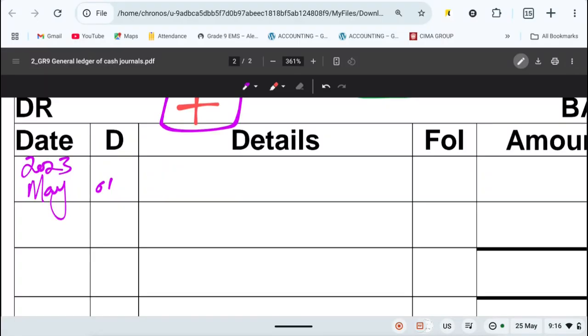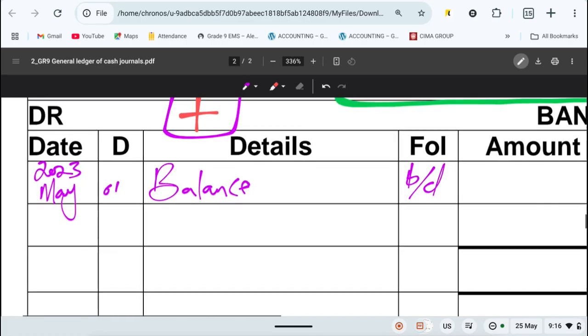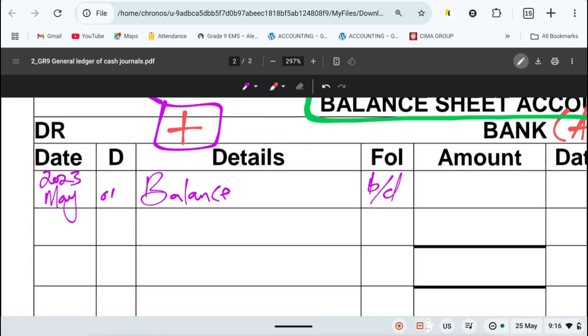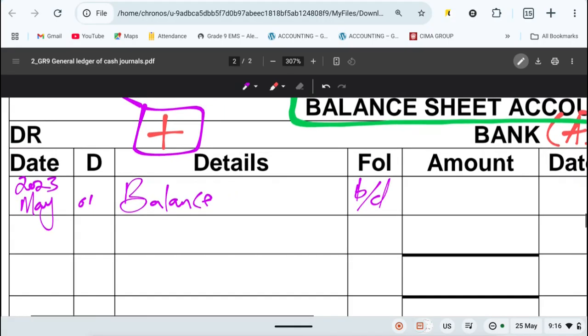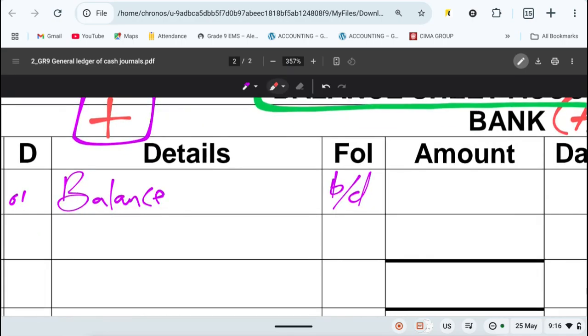So we write balance brought down. This is how we represent an opening balance. The folio reference is brought down. When you write brought down under folio, you are telling us that this is an opening balance, and we always keep track of balances.